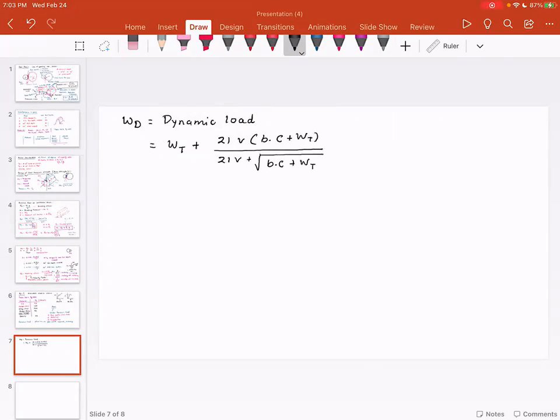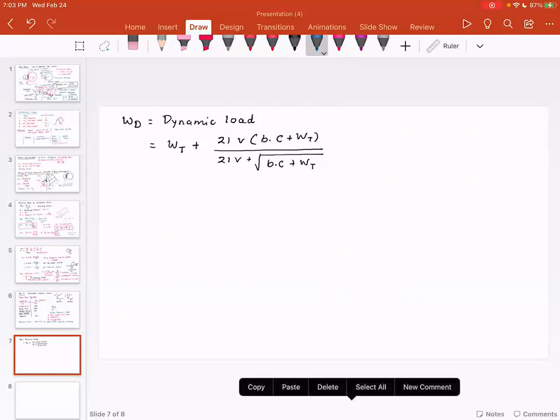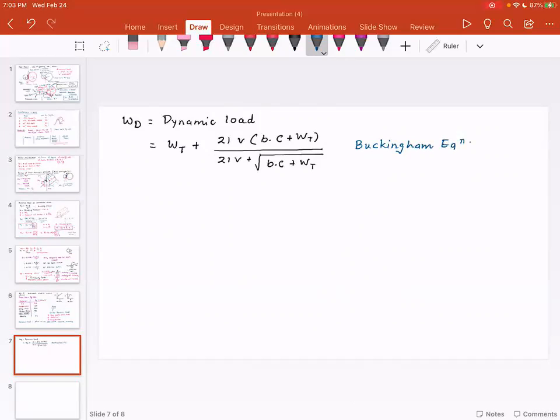Now this equation is called the Buckingham equation. And this equation actually comes from experimental results, empirical results, and dimensional analysis.